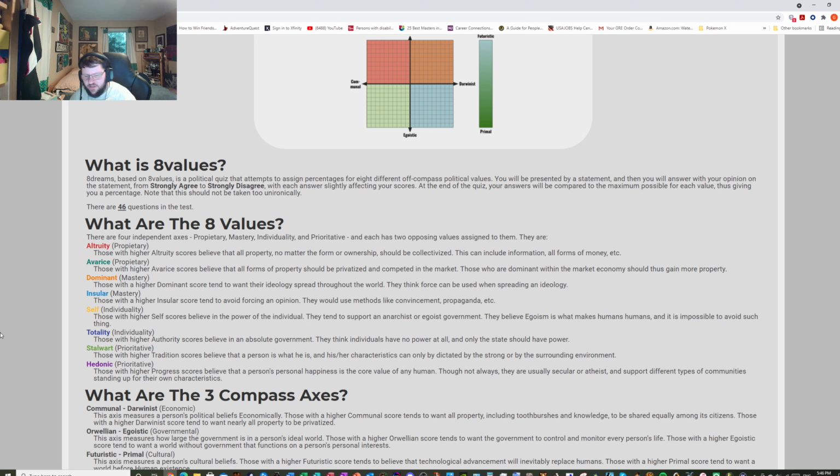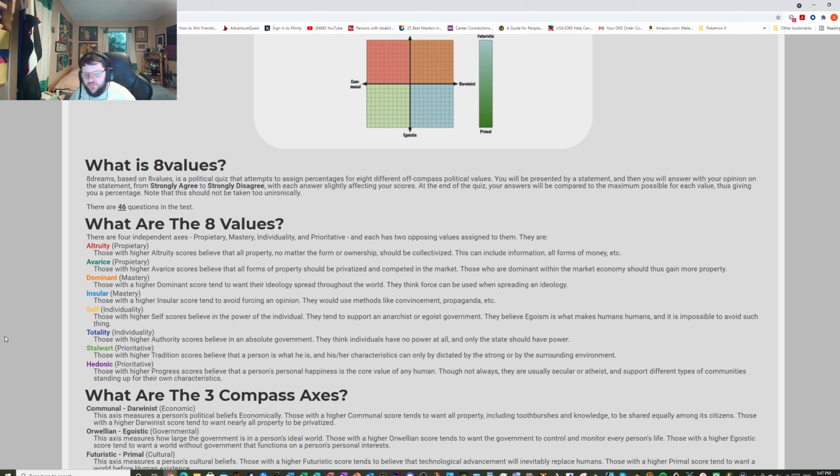The mastery axis is dominant versus insular. Those with higher dominant scores tend to want their ideology to spread throughout the world. They think force can be used when spreading an ideology. Insular: those with higher insular scores tend to avoid forcing an opinion. They would use methods like convincement, propaganda, etc. Now we have the individuality axis, self versus totality.